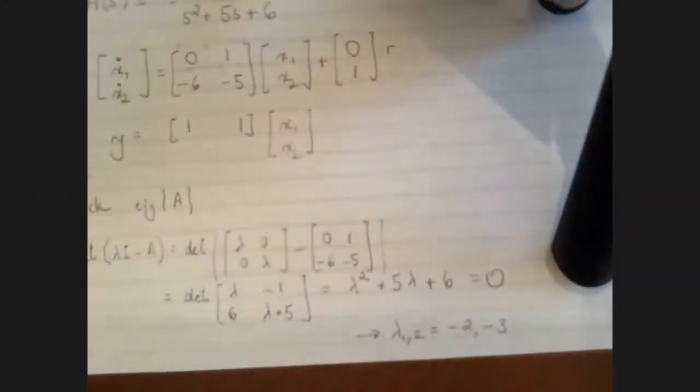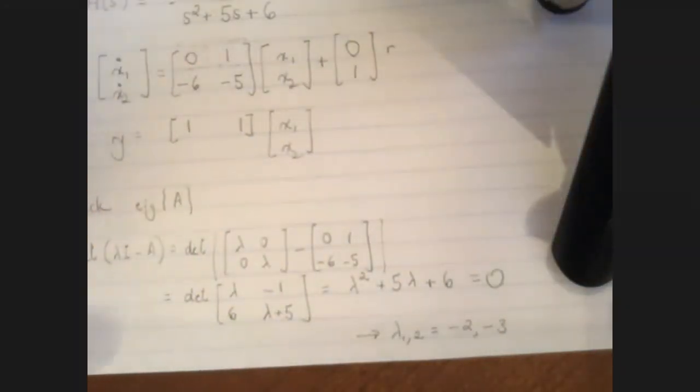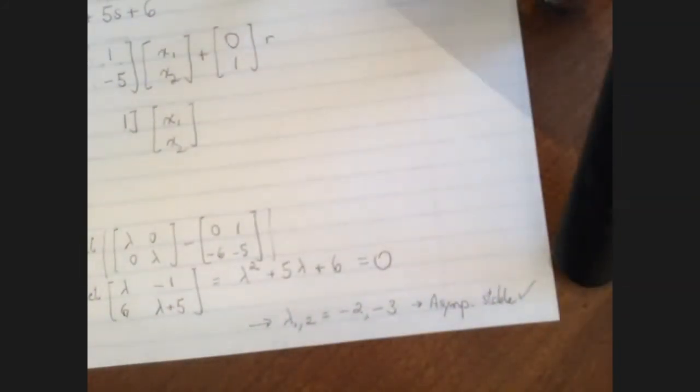So indeed, -2 and -3. Great. So from here, if they are both negative, then we can say that yes, the system is definitely asymptotically stable. So that's great. We are asymptotically stable.